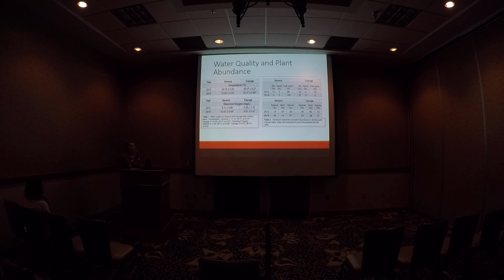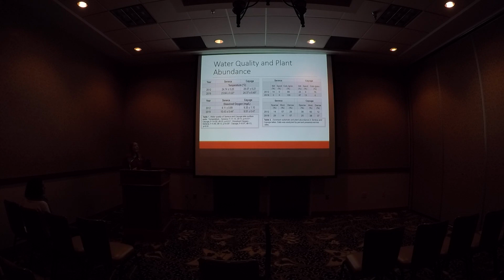And then we looked at dominant substrate, which is that top table there, and we found that there have been changes since 2012. We found that in 2019, there's a complete dominance of cobble and gravel substrate in Seneca Lake, which is slightly concerning because we know that round goby prefers a harder substrate, and that gives it the potential of being very successful in Seneca Lake.